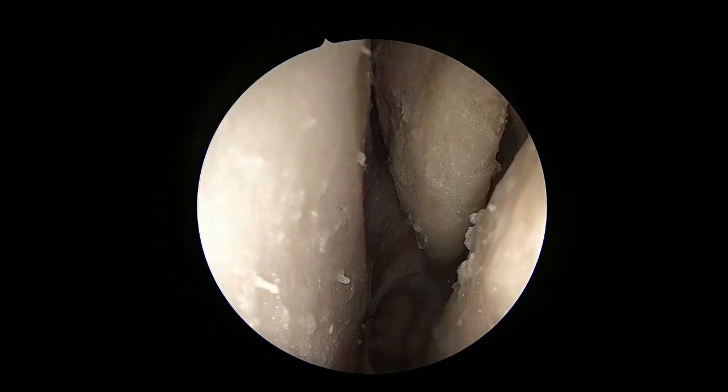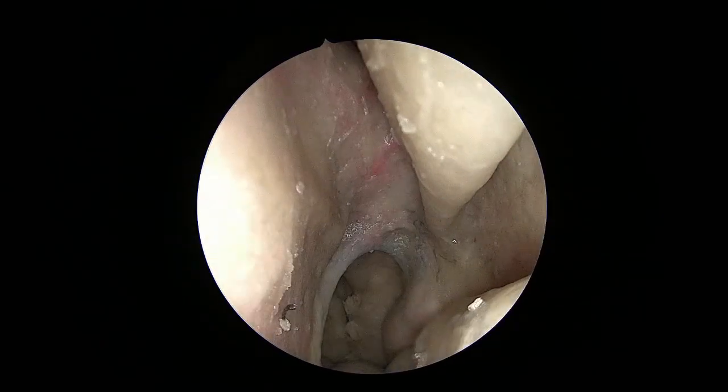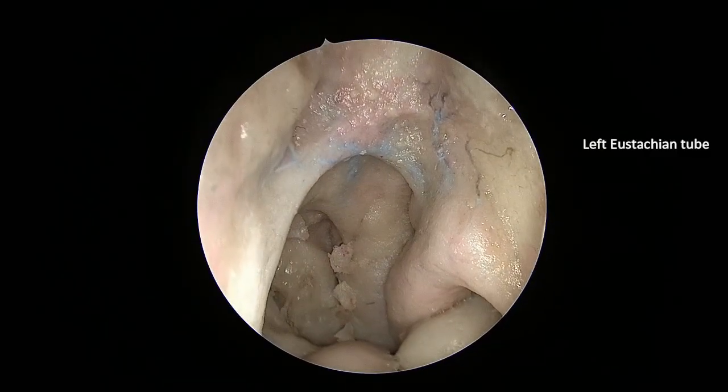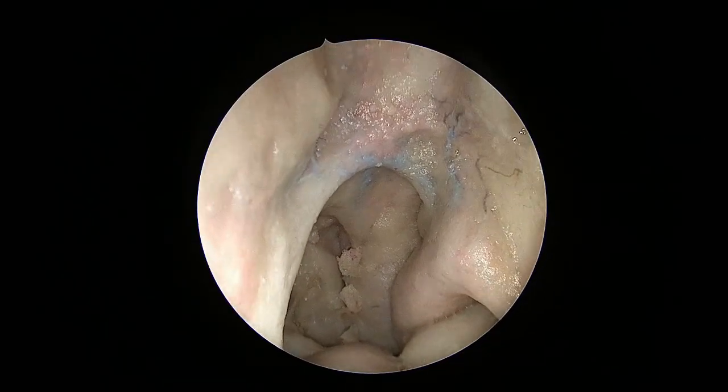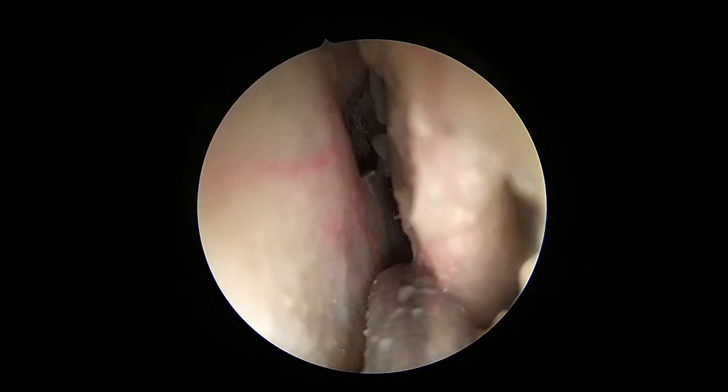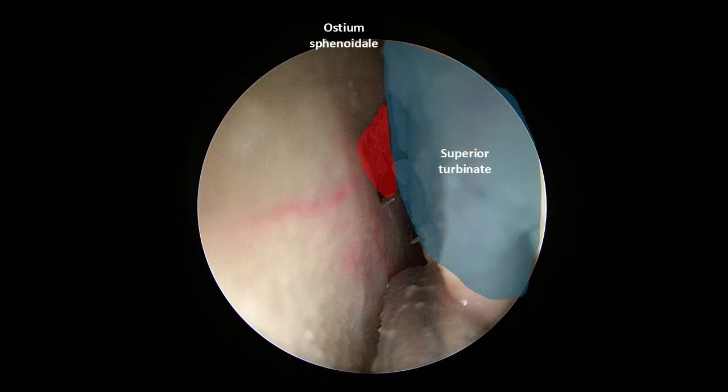Posteriorly, behind the middle turbinate, we see the roof of the choana, and behind the inferior turbinate, the Eustachian tube. Tilting the endoscope upward again, we locate the sphenoid ostium behind the superior turbinate.